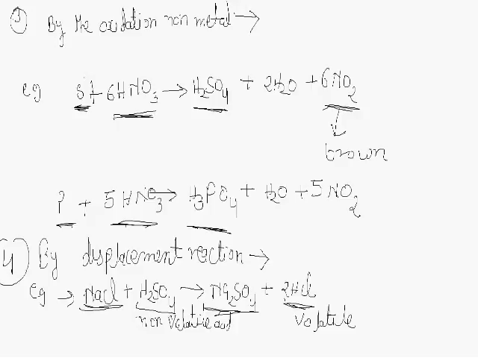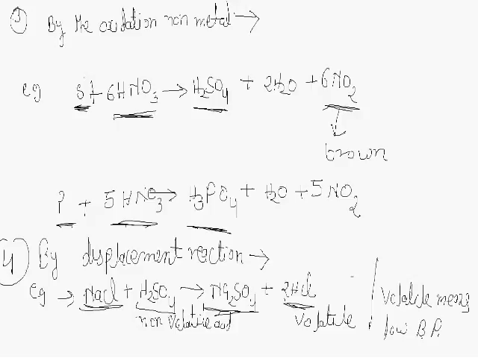Volatile means having a comparatively lower boiling point. A substance which is easily converted into vapors is called a volatile substance. Here HCl is volatile as compared to H2SO4. It means the boiling point of HCl is lower than that of H2SO4.